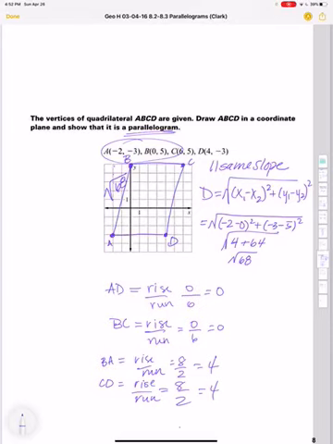And then we can find the distance between C and D. So we do 6 minus 4 squared plus 5 minus -3, so it makes it plus. So that would be 2 squared, so 4, plus 8 squared, 64. There we have it. So it's the square root of 68.